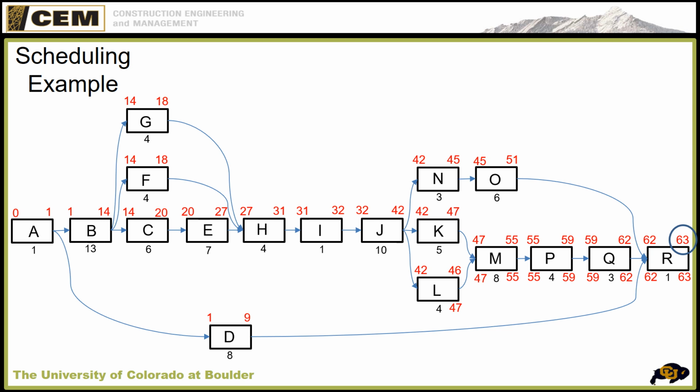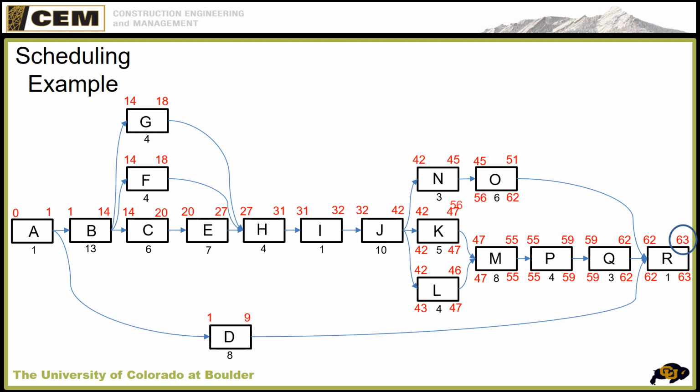So the late start of M is our late finish of L. 47, 43. Okay, back to K. 47 pulls through, 42. Up to O, 62 pulls through from R. So the latest I can possibly finish O is 62, and then I'm in line with R, and I haven't delayed R in any way.